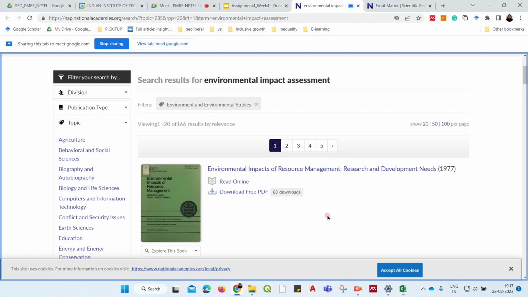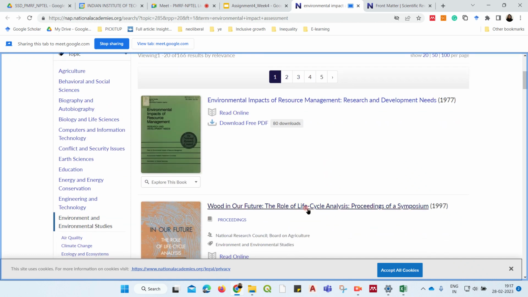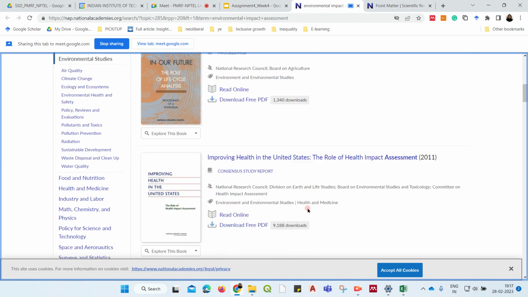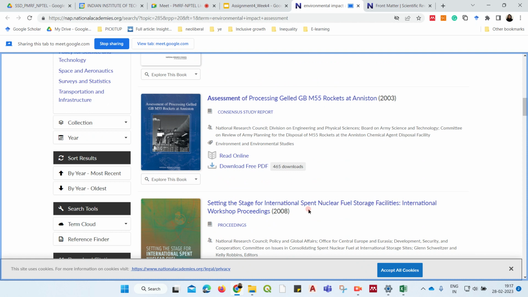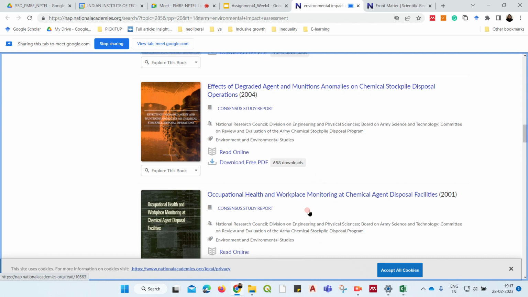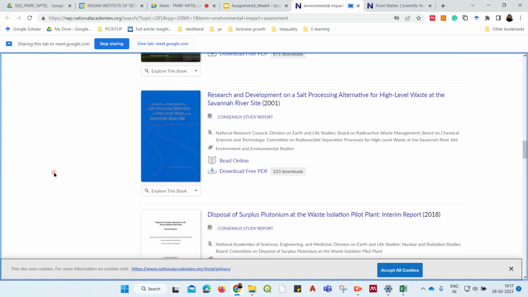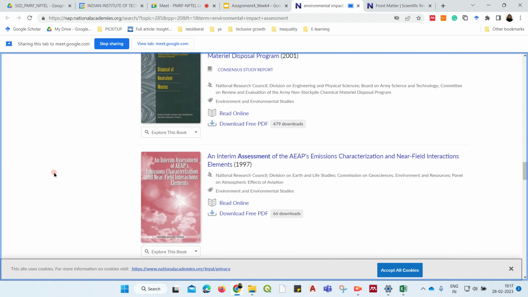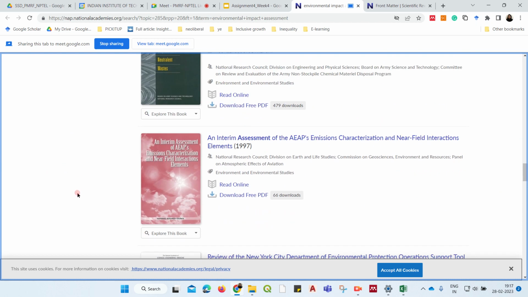In your own time you can browse this repository and see if you can find the specific report that the question is asking about, because EIA is supposed to be there for next week as well. I'll leave this one for next week, and I'll try to find the specific report, and if I find it, I'll definitely share it with you.